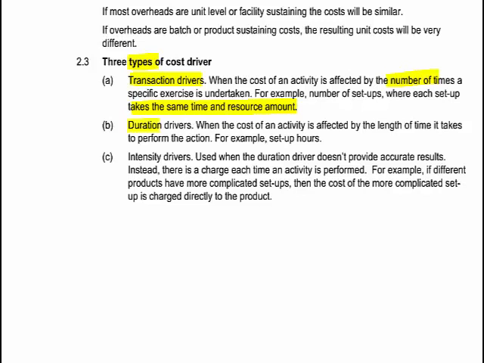The second type then is less related to the amount of time that it is per item, and it's more to do with how the activity is affected by how long it takes to perform the action. So this could be setting up the machine, because for some products setting up the machine could be more time consuming or more complicated than for others.